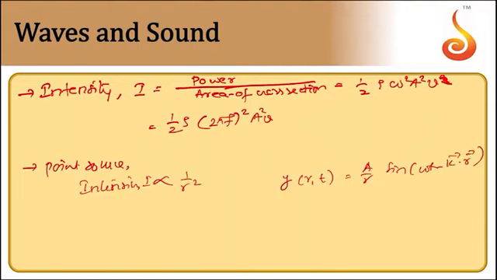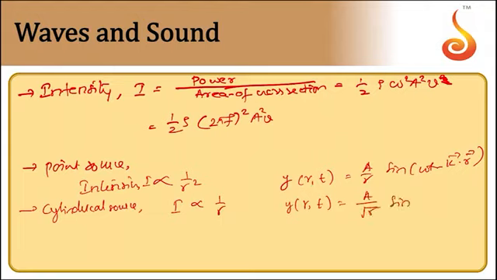And this is for a point source, while for a cylindrical source, intensity is proportional to 1 by r. So for such a case, the representation is of this form: y(r, t) is equal to a by root r sine (omega t minus k dot r).